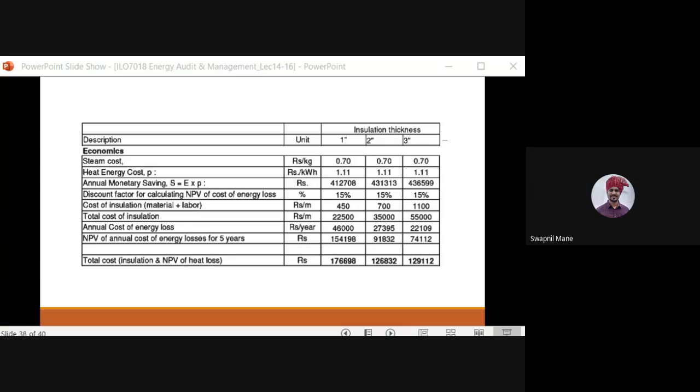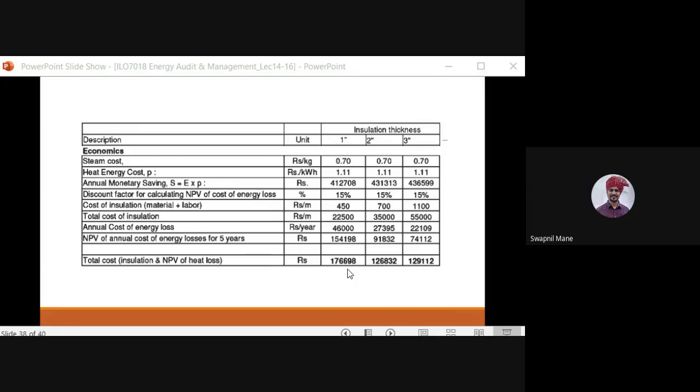Now I would like to introduce one term, which is called annualized life cycle cost. Okay, what is the meaning of this? The insulation has some thickness and it will have some life. Let us say the life of that insulation is 5 years and your simple payback period comes to 3 years.